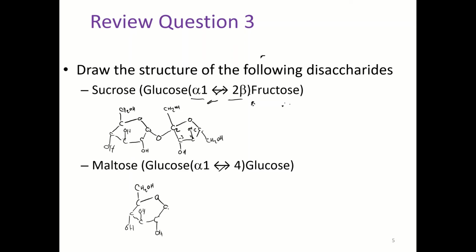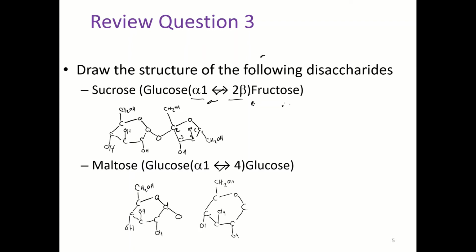And this is an alpha 1, so that's going to be pointing down in the glycosidic bond. And then it's attaching to carbon 4 on the next glucose. So if we just draw another glucose molecule, we have again down, up, down.